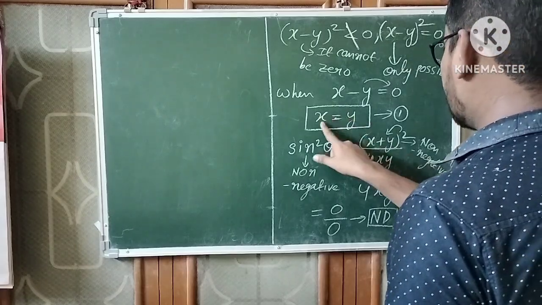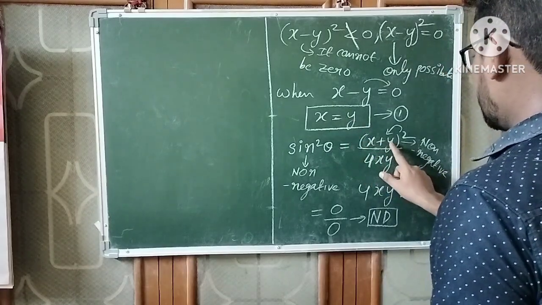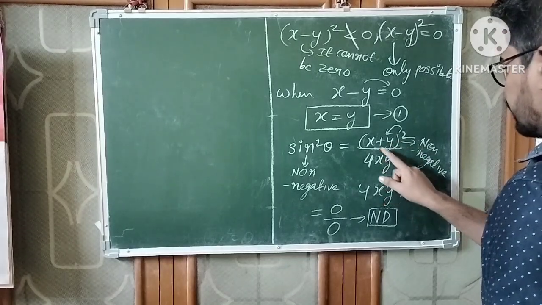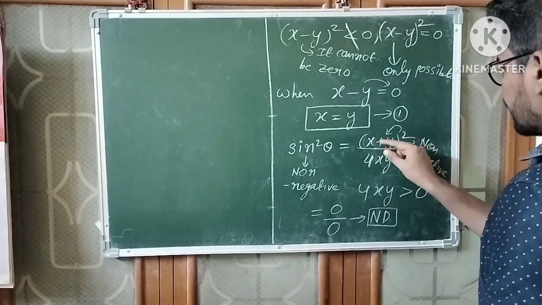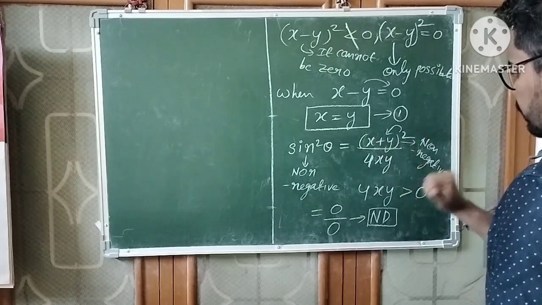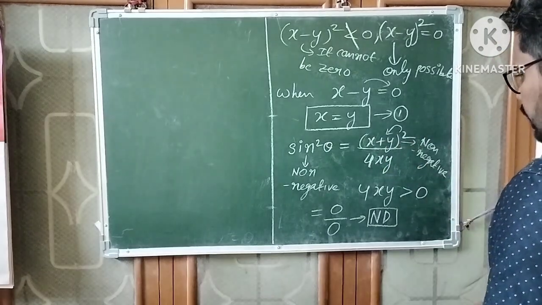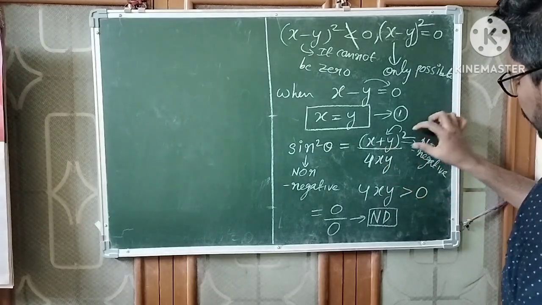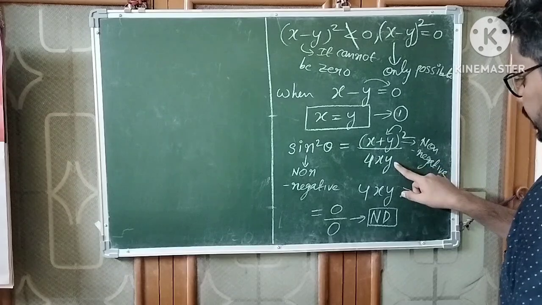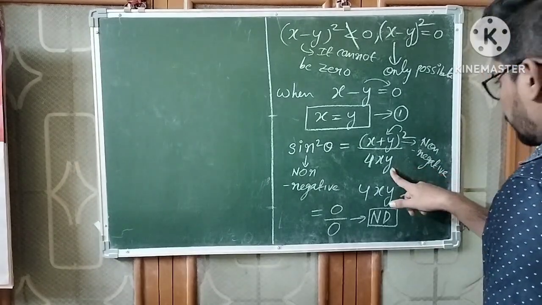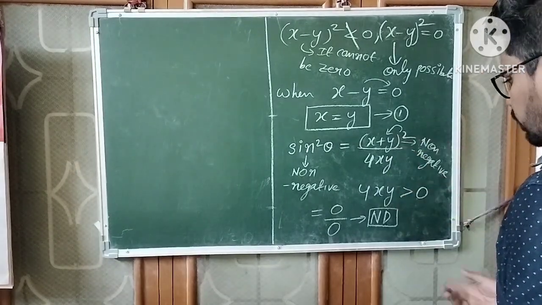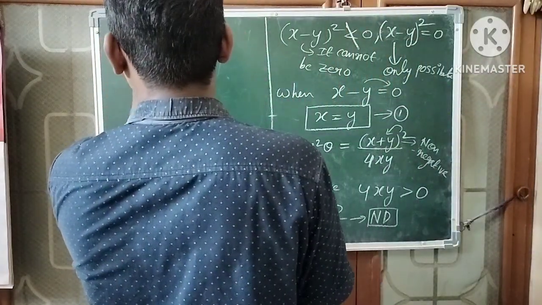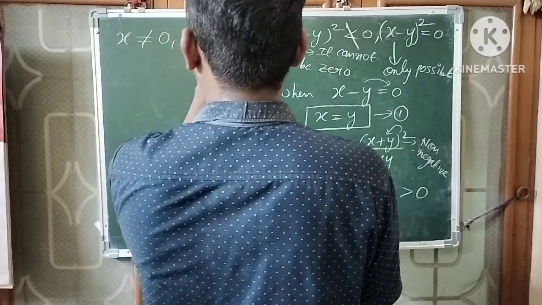Because here already x is equal to y, replace y by x, x plus x is 2x, and x into x is x square. If you replace x by 0, then 0 square means 0. This is also 0. So if x is equal to 0, then finite by 0 is not defined. Suppose y is equal to 0, again finite by 0 is not defined. So here 4xy must be greater than 0. It means x cannot be equal to 0 and y cannot be equal to 0.